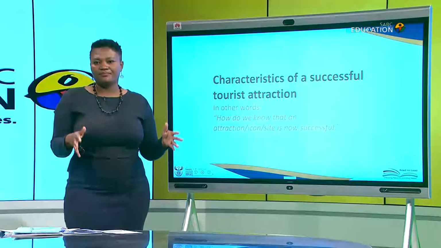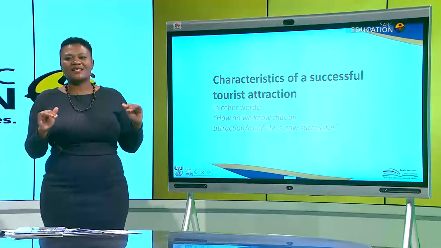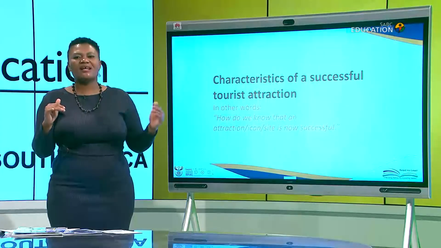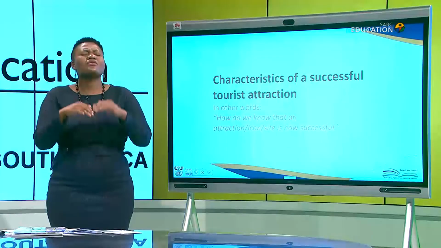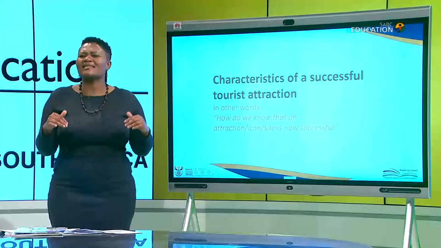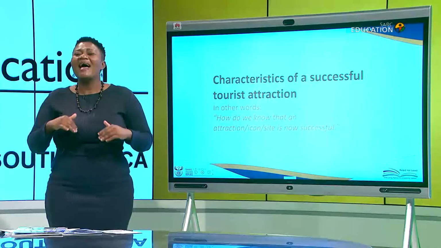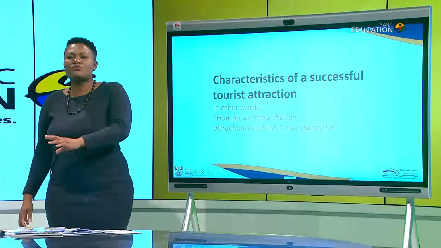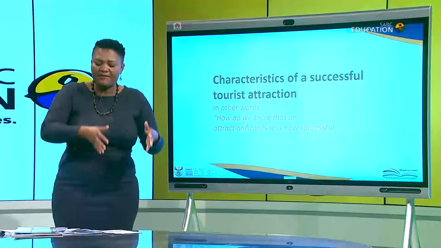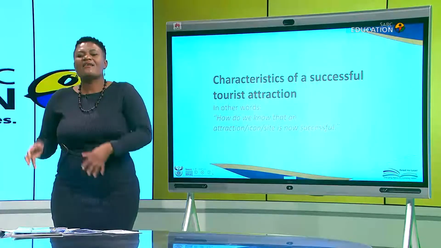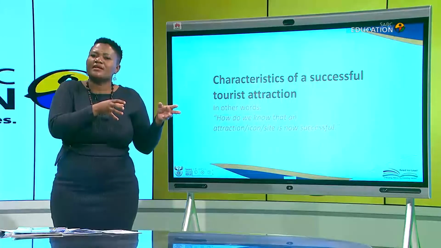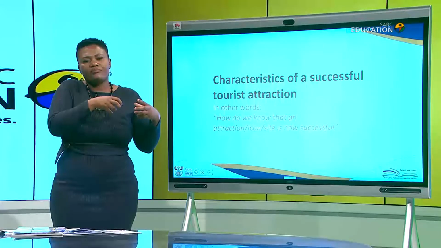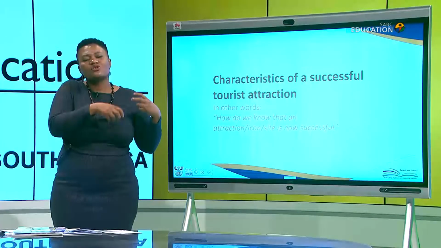Now I move on to the characteristics of a successful tourist attraction. In other words, how do we know that an attraction is now successful? How do we know that an attraction or icon or site is now successful? I am referring to the characteristics of a successful tourist attraction. So it's important, guys, to be able to know your factors separately and say, these are my factors and these are my characteristics. Factors contributing to the success of a tourist attraction are actually the measures that an attraction can take to be successful.